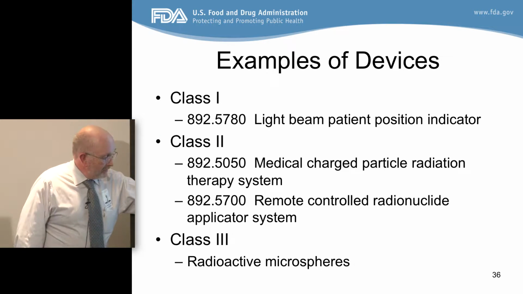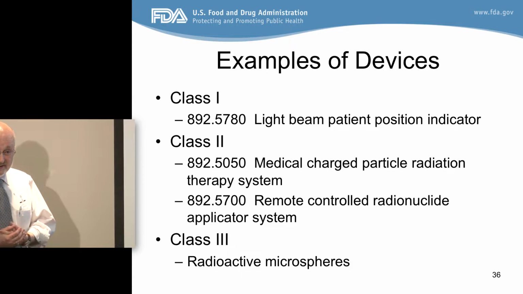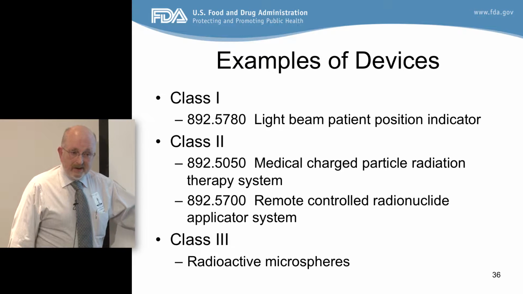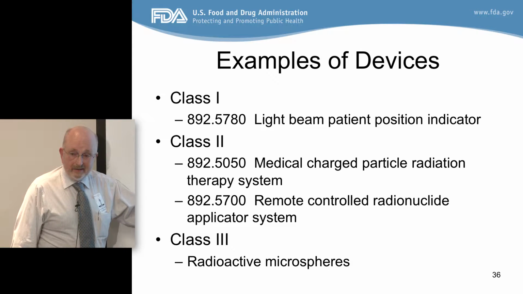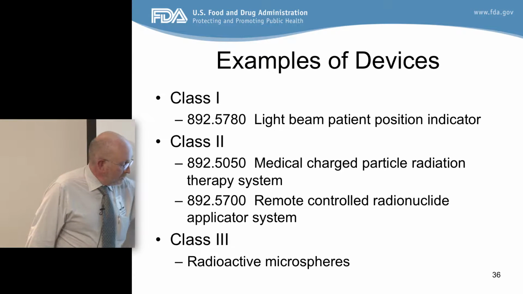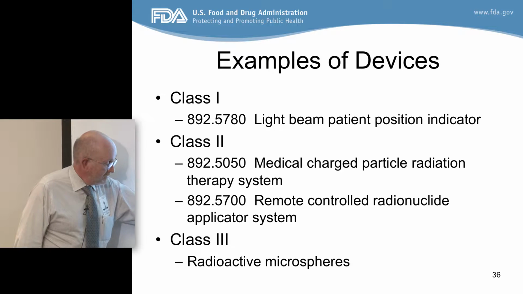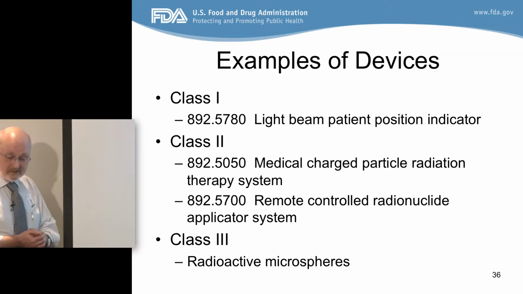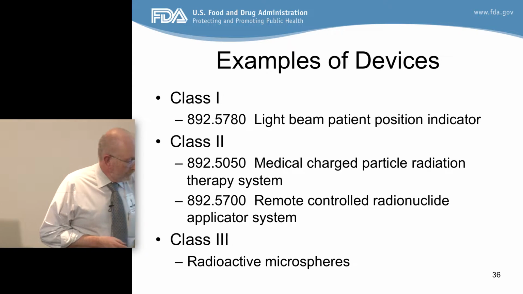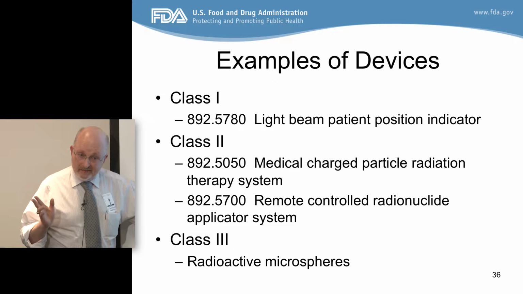And that one are the radioactive microspheres, the TheraSpheres and the SIR-Spheres. They're class 3. This is our highest class of regulation. This is the PMA group. We don't have a lot of information on this class, so it gets our strongest review. Radioactive microspheres are the best example of the class 3, the PMA devices.